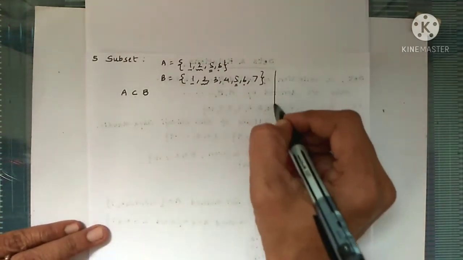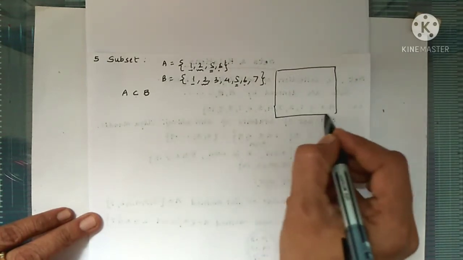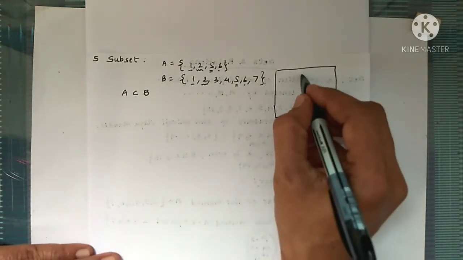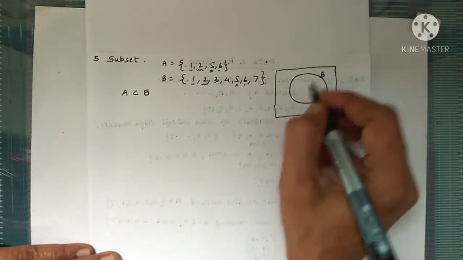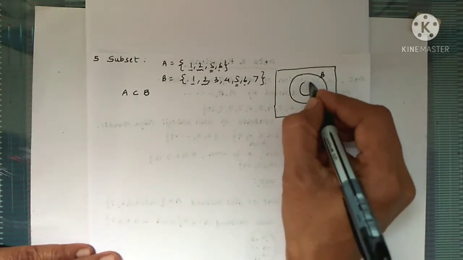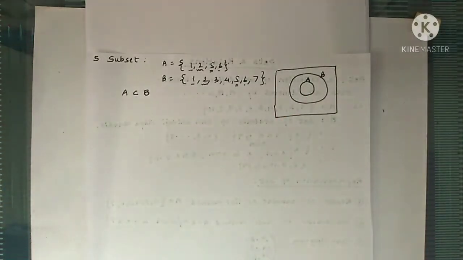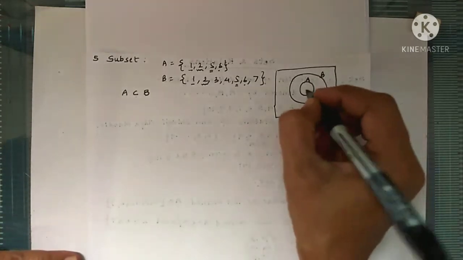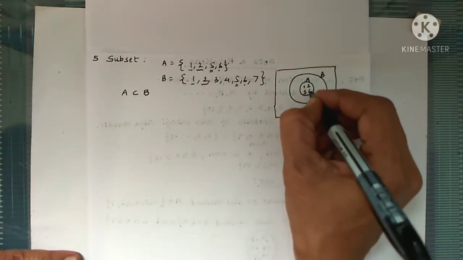By a Venn diagram also we can draw this subset like this. If I represent set B by a big circle, this is set B and this is set A. You can see here that A is part of B. A is contained in B, or B contains A. Or we can draw the elements also, 1, 2, 5, 6 here.